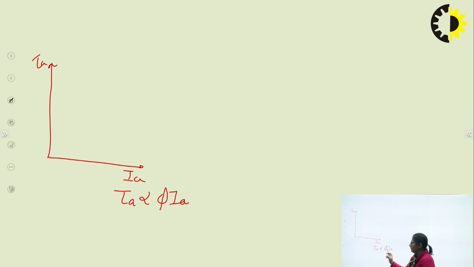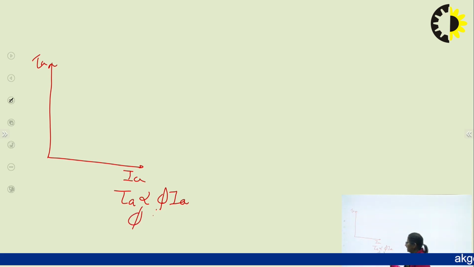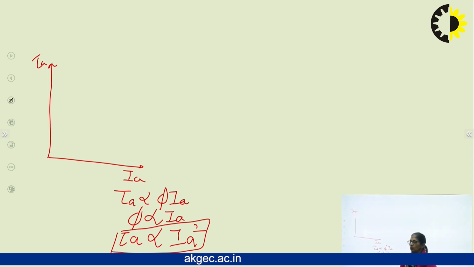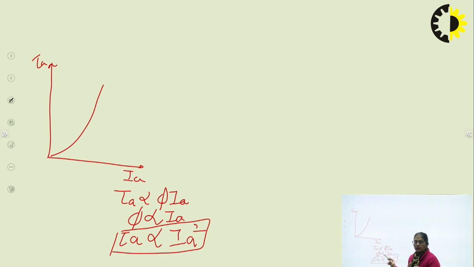And what is the current flowing through the field winding? Ia. So the flux is proportional to Ia, so the torque becomes proportional to Ia square. So here the armature torque is proportional to the square of the armature current. The nature would be this. In fact, the nature is this up to saturation. Once the saturation occurs, the flux becomes constant.